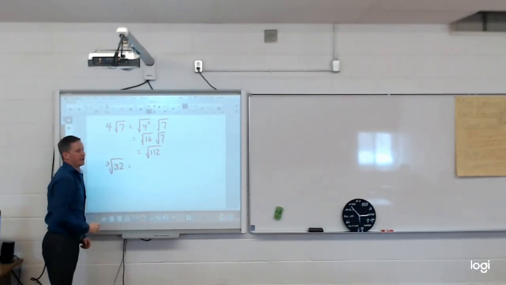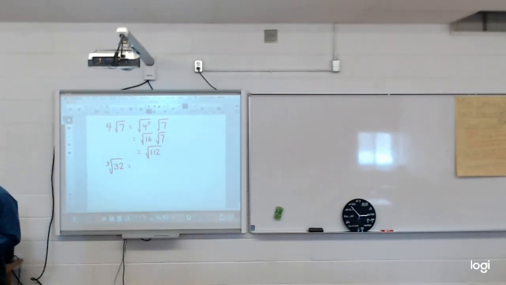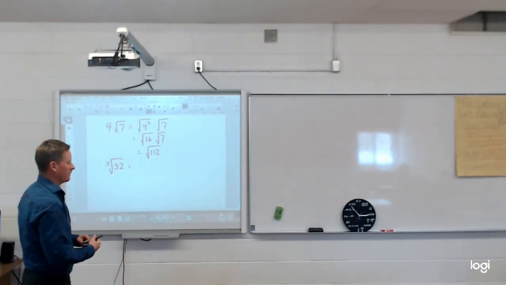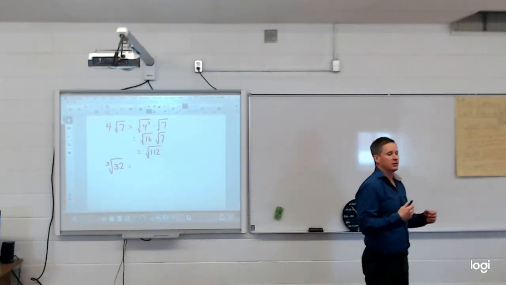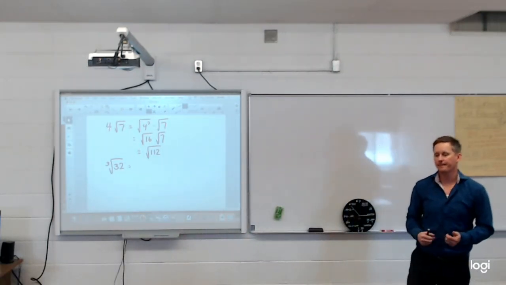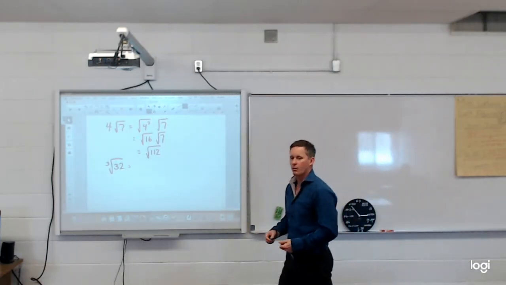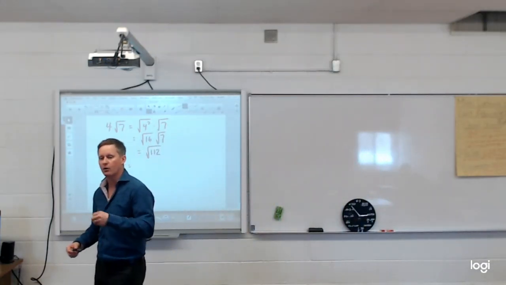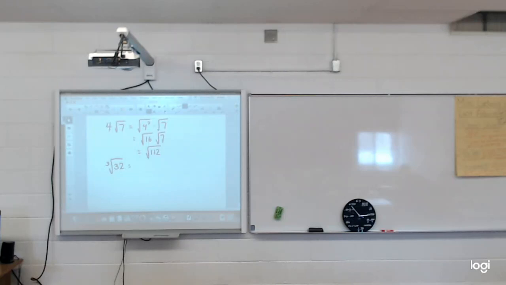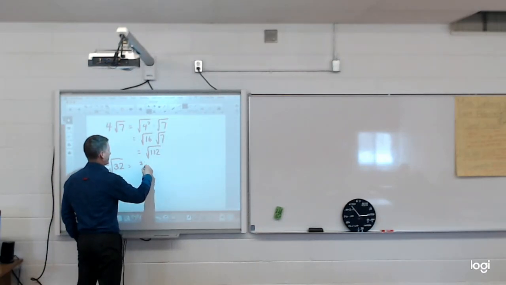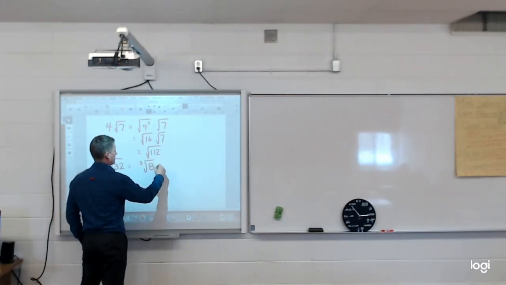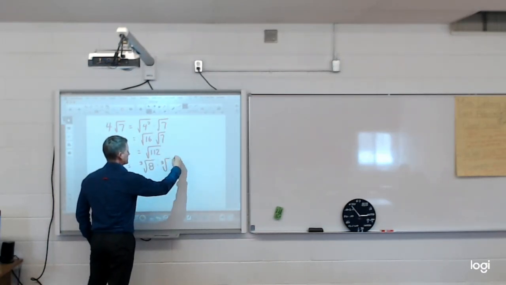It's the cube root of 32. I need to break down the cube root of 32. So I asked you on day 1 of this week, know your perfect cubes. What is the largest perfect cube that goes into 32 evenly? 8. And how many times does 8 go into 32? 4 times.